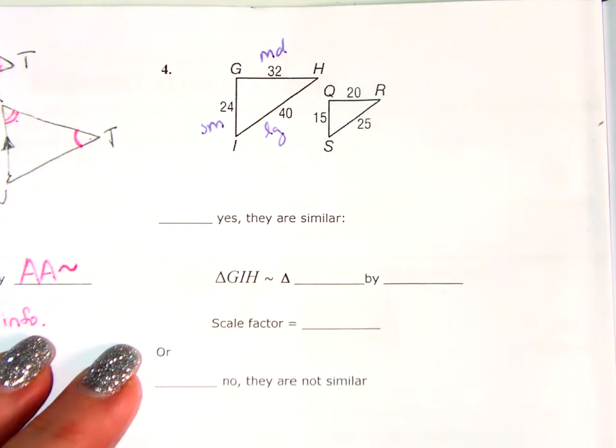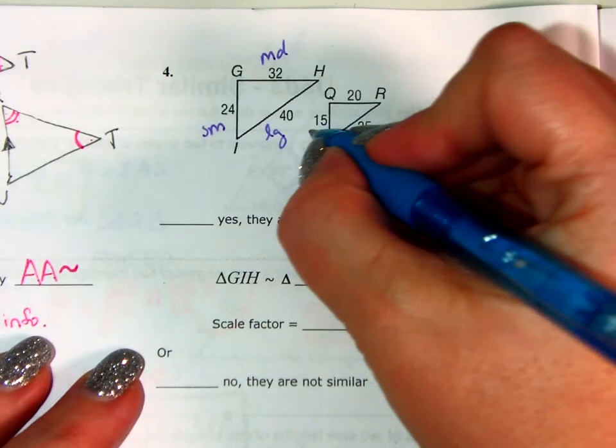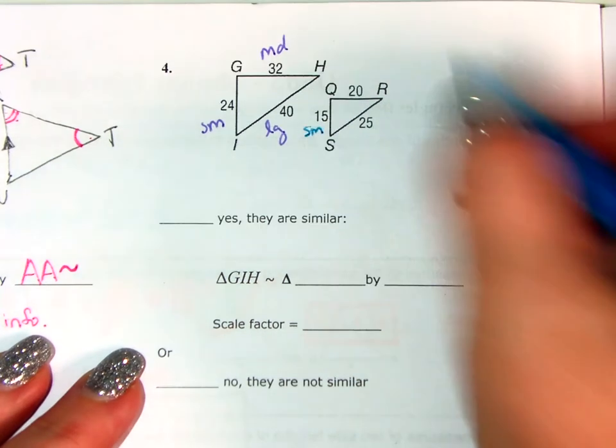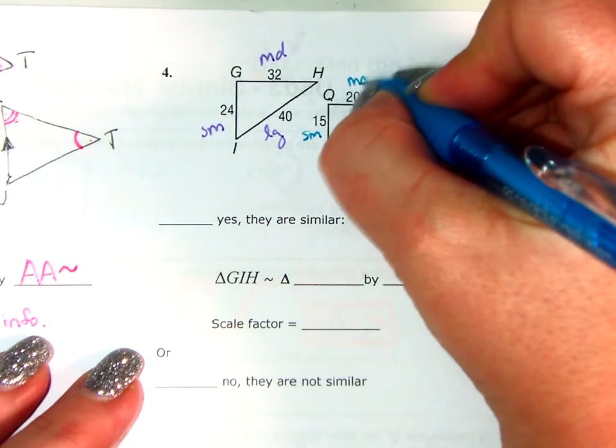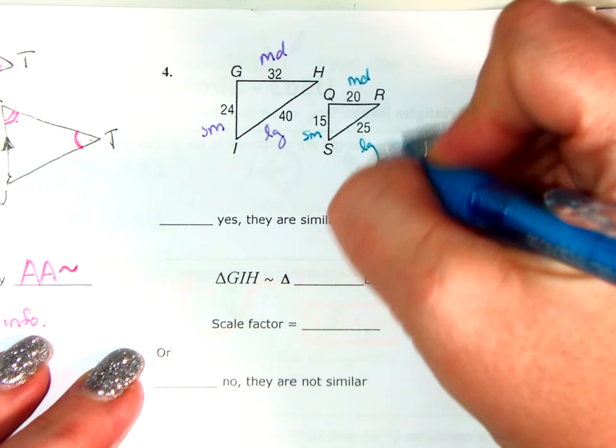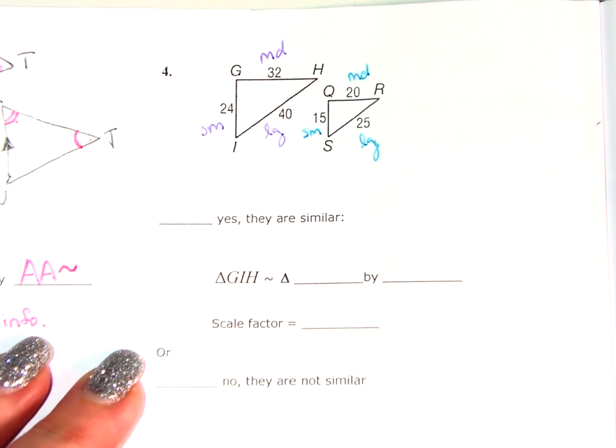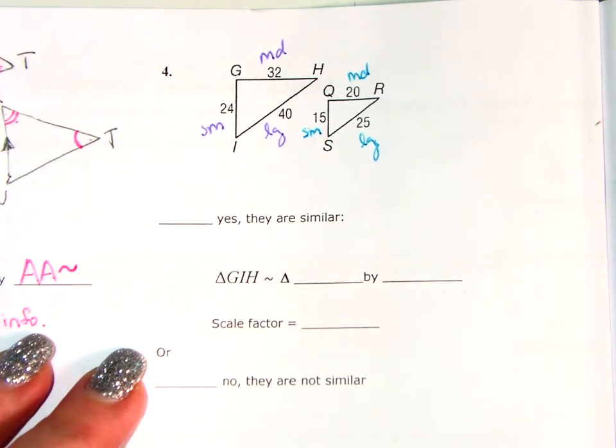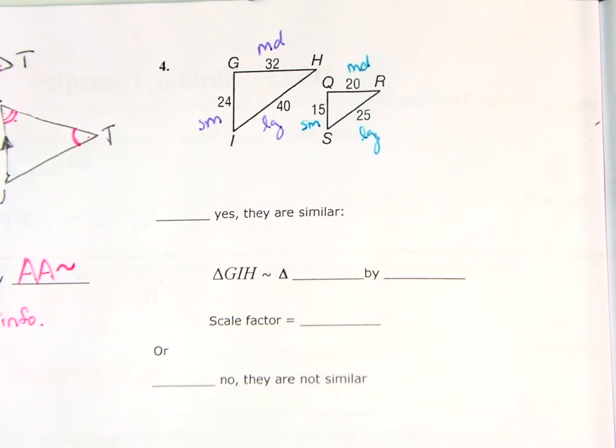And then I need to look at the other triangle and identify its small, its medium, and its large side. And then when I compare the two triangles, I need to make sure I compare small to small, medium to medium, large to large. Okay?